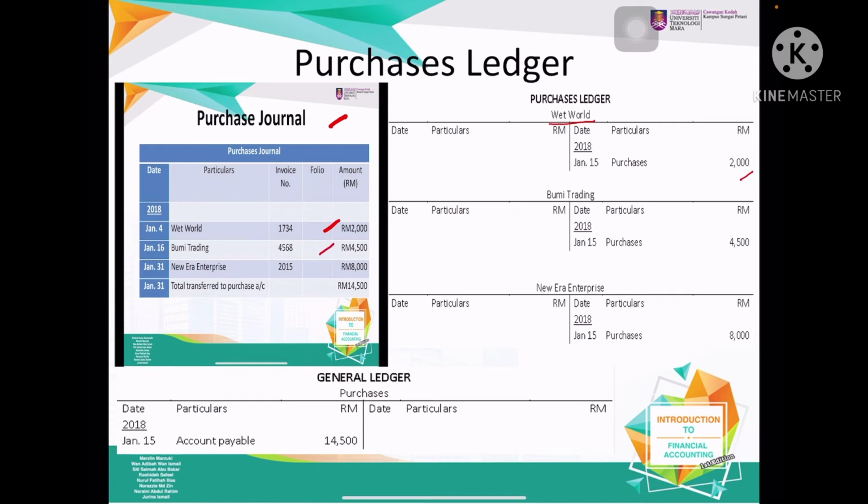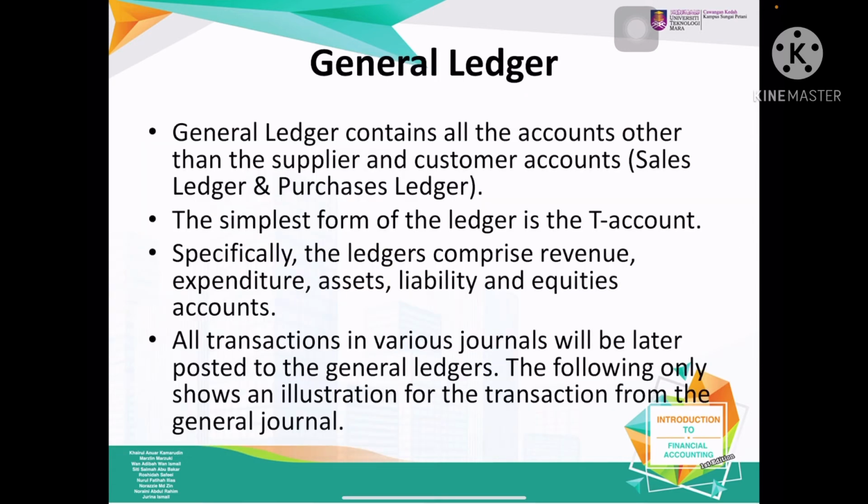Then we have Bumi Trading 4,500, and then New Era, where we credit 8,000. Then we are going to transfer to the purchase account, which is 14,500. So we debit our purchase 14,500. This is how we are going to record in our ledger or the account.